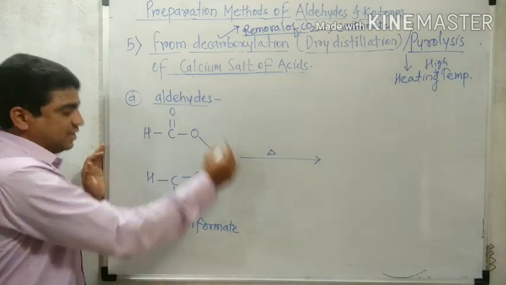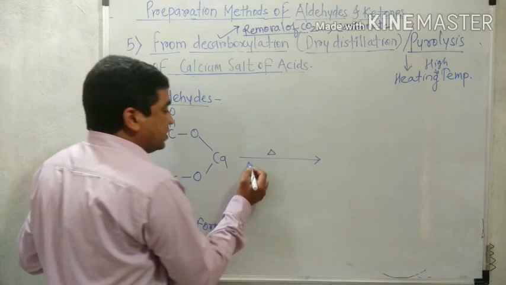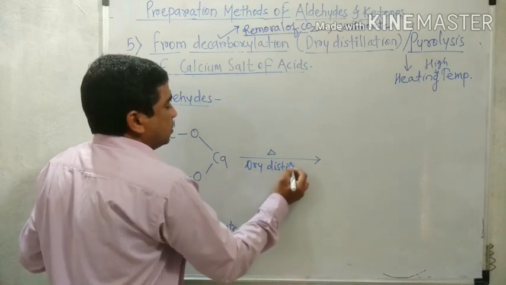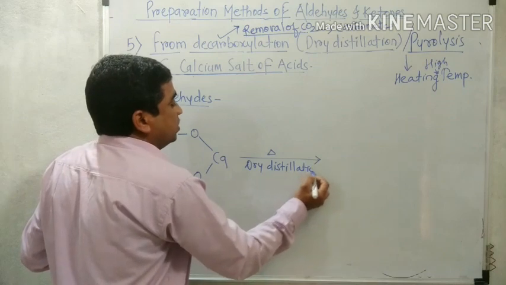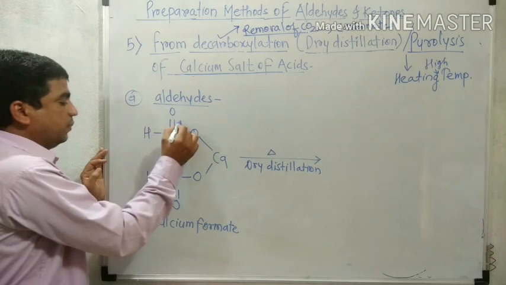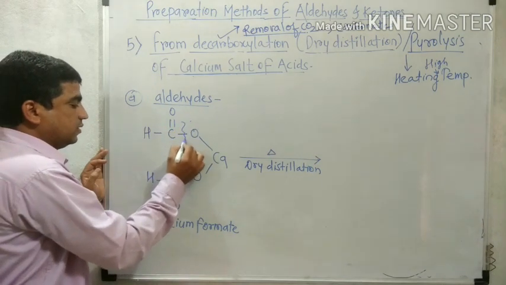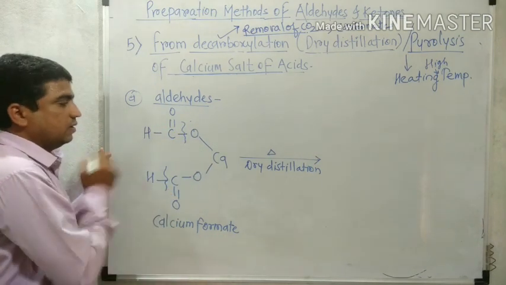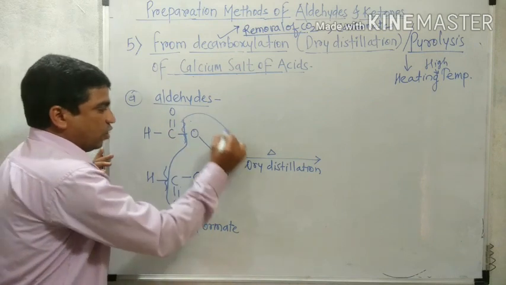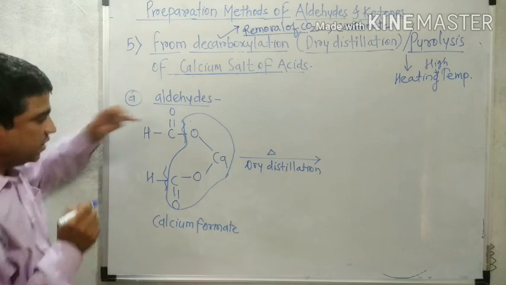When only calcium formate is heated at high temperature in the process of dry distillation, also called pyrolysis or decarboxylation, the breaking of this bond takes place like this. This is obtained in the form of byproduct. What is this?